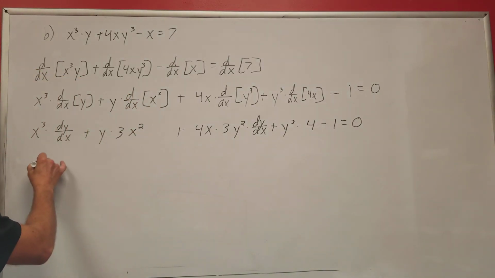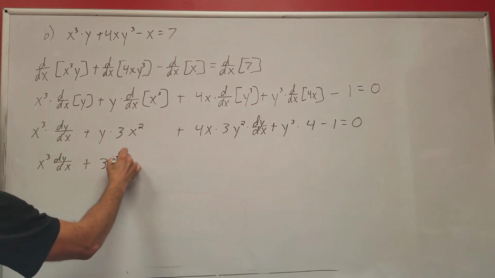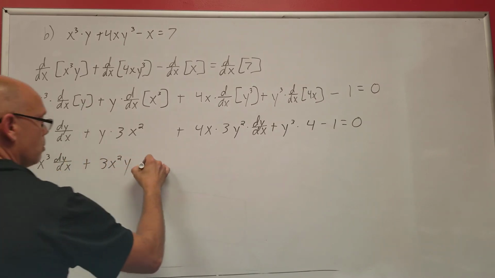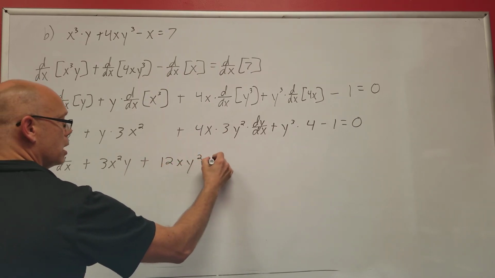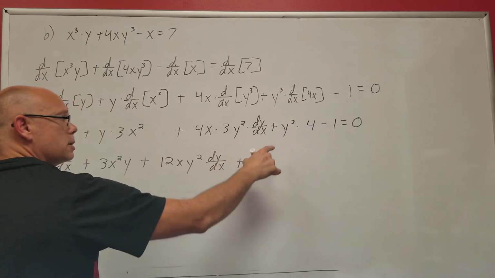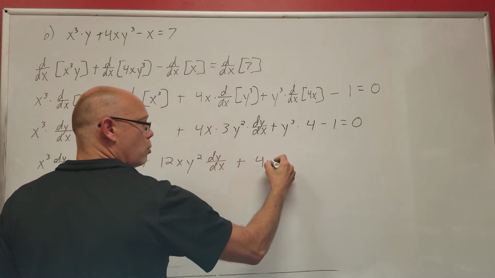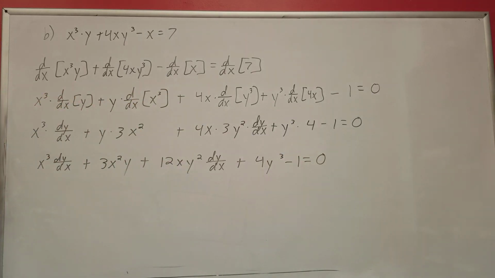So let's see, I'm going to say this is x cubed times dy over dx. This part I'm going to say is 3x squared y. Plus, this part I'm going to say is 12xy squared times dy over dx. Plus, this part I'm going to say is 4y cubed, and then minus 1 is equal to 0.